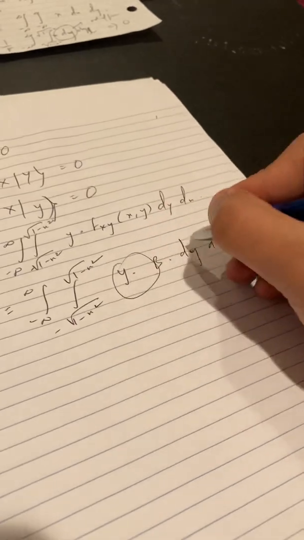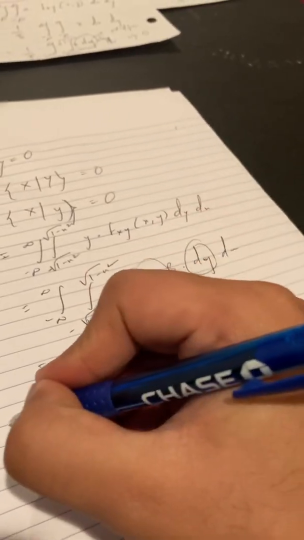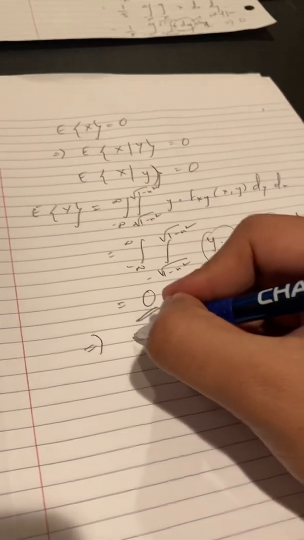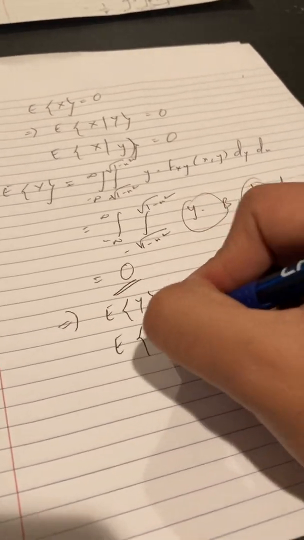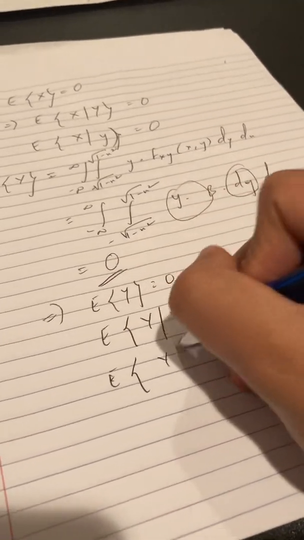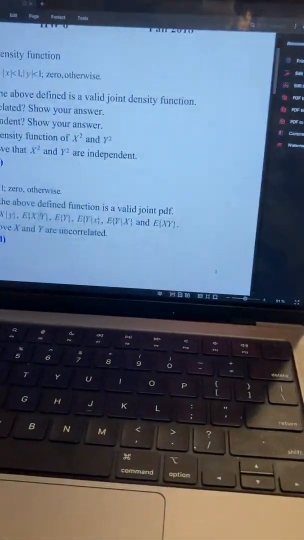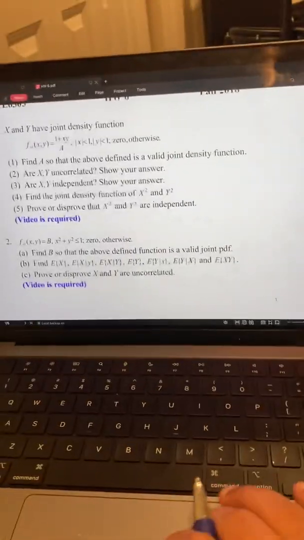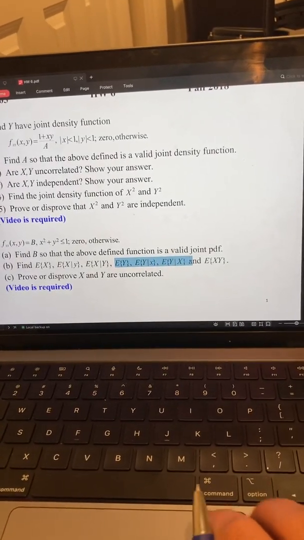This is also an odd function, so this is also 0. That means E of Y is equal to 0, E of Y given X is 0, and E of Y given this is also 0. So these three are also 0.